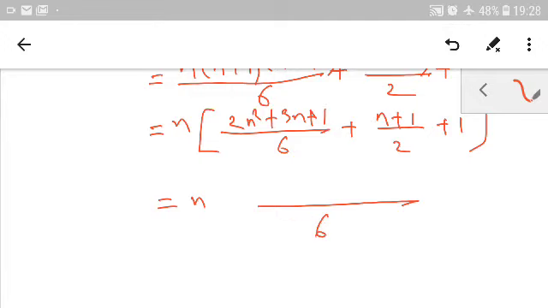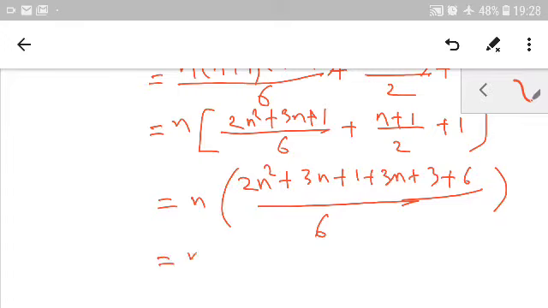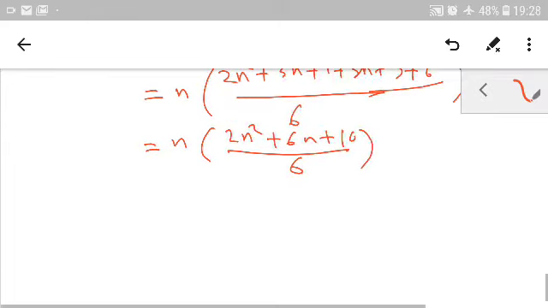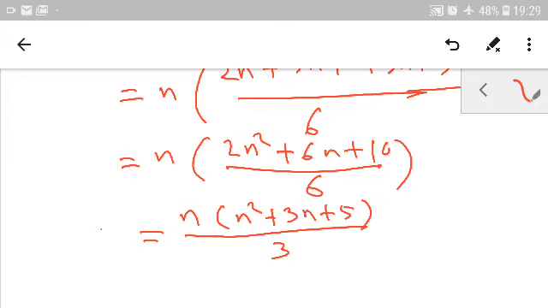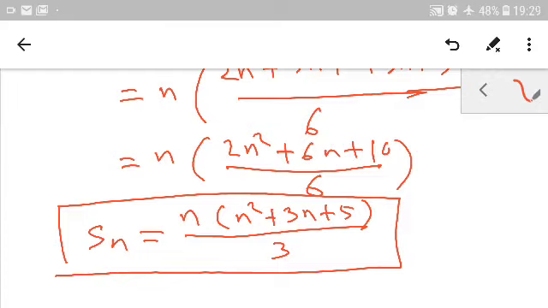It will be 2n square plus 3n plus 1 plus 3n plus 3 plus 6. Now it will be n whole into (2n square plus 6n plus 10) divided by 6. Now take 2 common from that, so n into (n square plus 3n plus 5) divided by 3. So this is the value of Sn, that is n times (n square plus 3n plus 5) divided by 3.